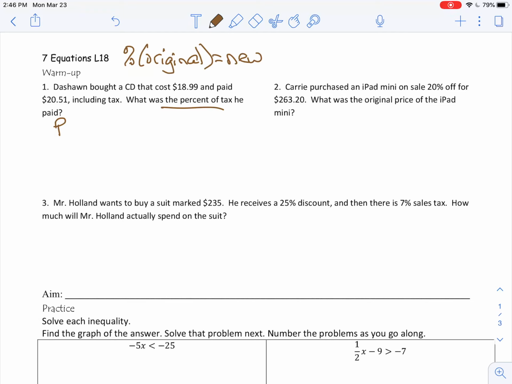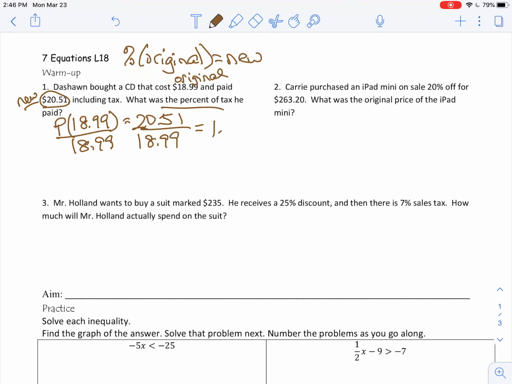Then we have to decide which one was the original and which one was the new. Cost that and paid that much including tax. So this is the original. That's the one that's oldest in time. And this one's the new. This one's the more recent. So percent times original equals new. Feel free to use a calculator.